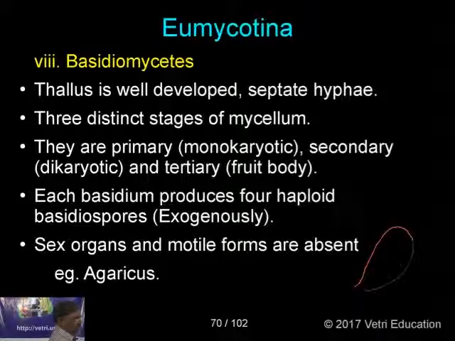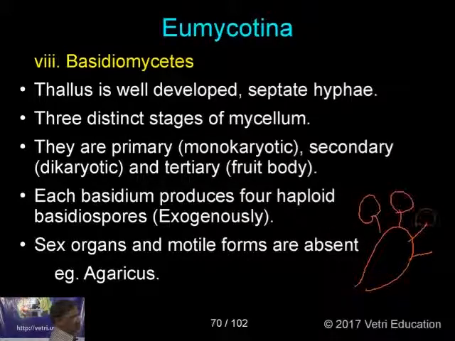Since this is a basidium, the basidiospores are developed on the outside, so the development is exogenous, and each one is known as a basidiospore. Sex organs and motile forms are absent in Agaricus. This Agaricus fruit body is just like a mushroom.